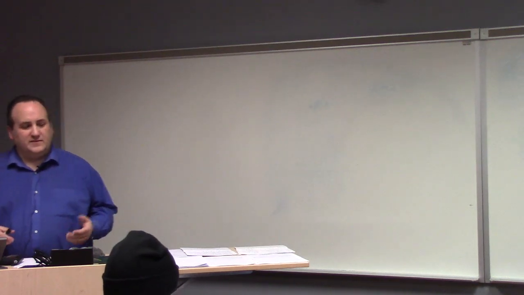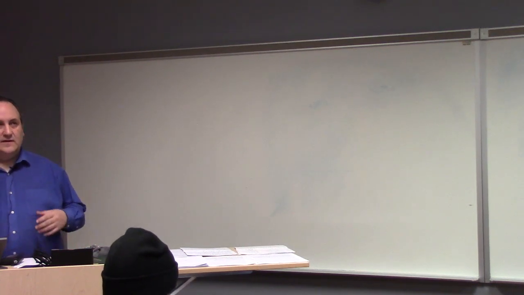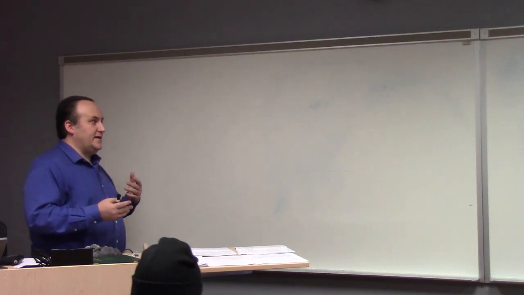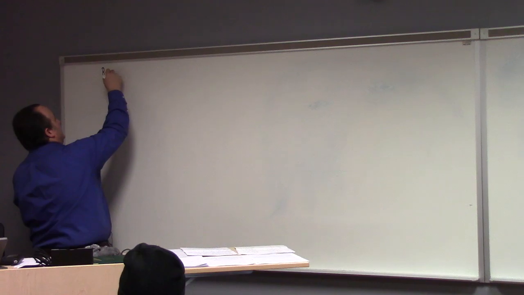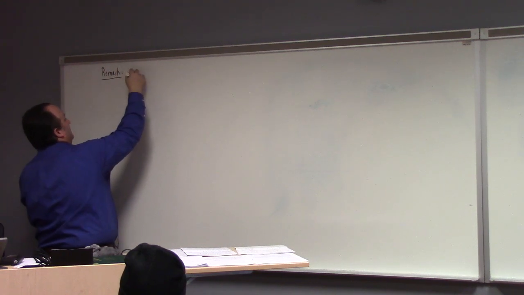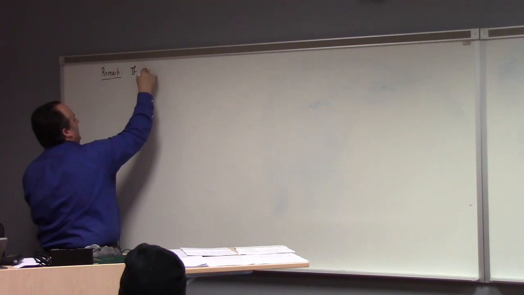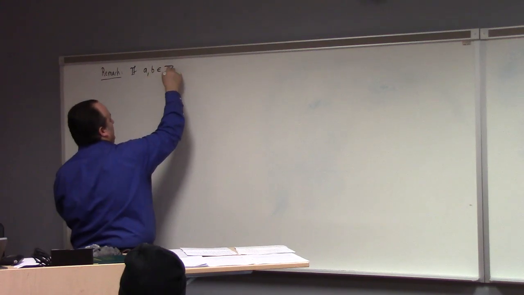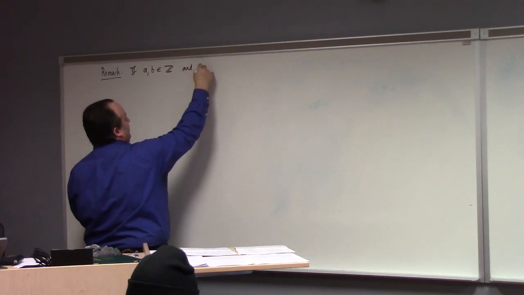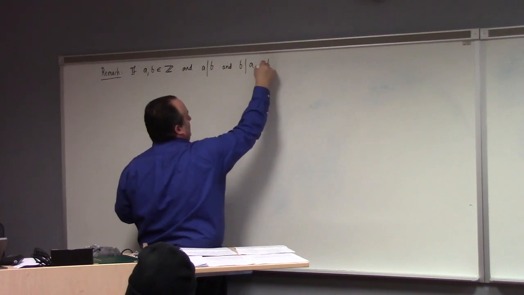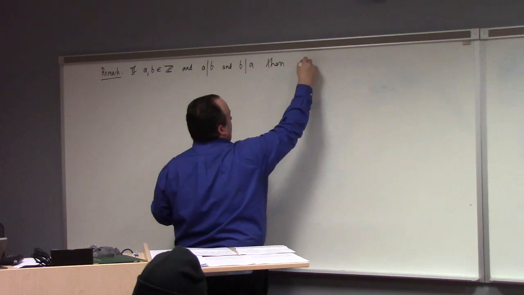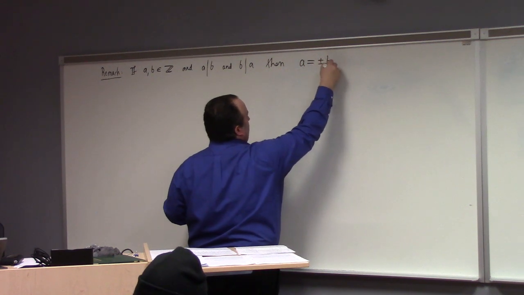Now, there's a different version of that example where you could say, if a and b are integers, and a divides b and b divides a, then a is equal to plus or minus b.